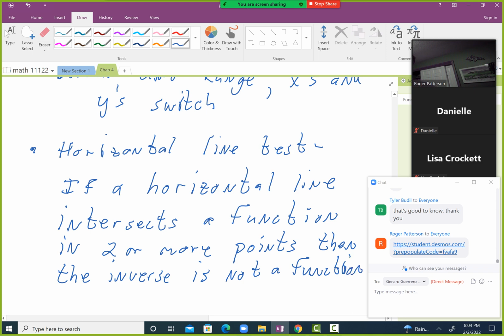That's the horizontal line test. Hopefully you can see that. I was trying to write as best I can without having it be a real mess.